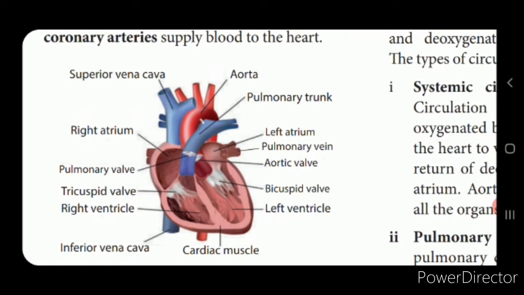Here you can see in the picture it is labeled as aorta, isn't it? So this aorta supplies the oxygenated blood to various parts of the body. Now the coronary arteries supply blood to the heart, and from the heart it is supplied to various parts of the body.